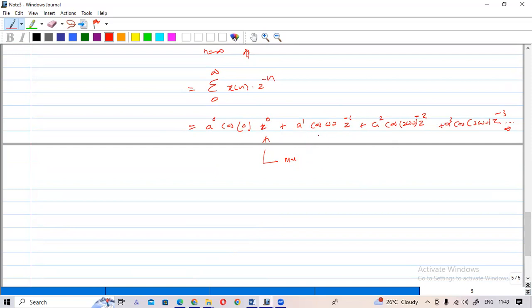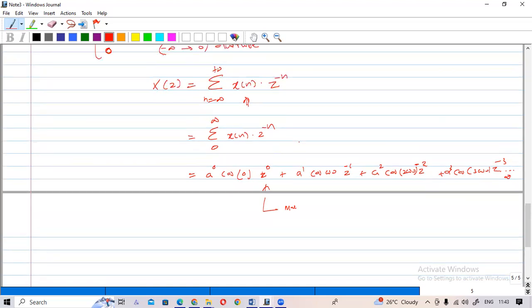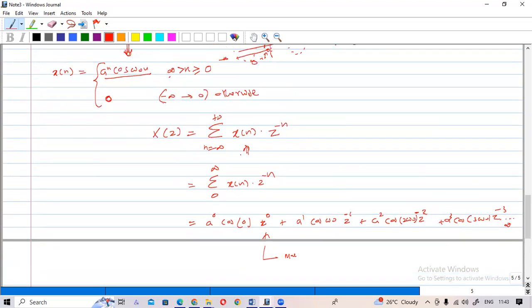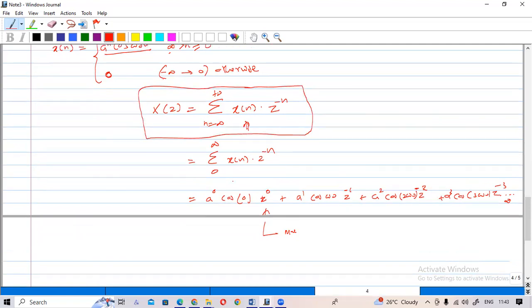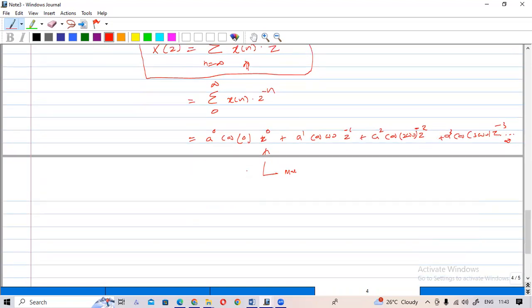But anyway, you have to do some work here. So it is somewhat hard to find the Z transform of this kind of signal using the direct method, the principal method. So we have to go for another method.